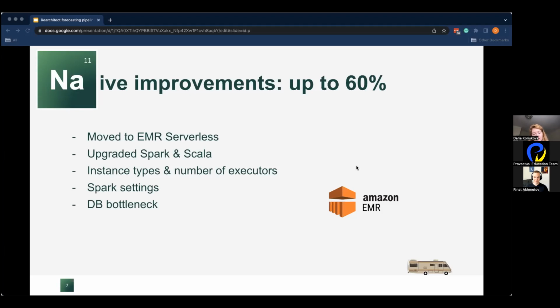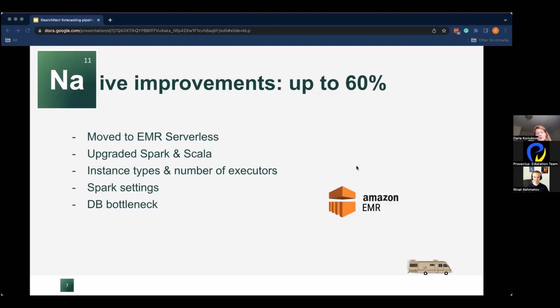We decided to go for it because, as you know, an EMR cluster can take even tens of minutes to start. There is some delay in there. However, EMR Serverless can start in seconds, assuming that you have some kind of a warm pool in place.